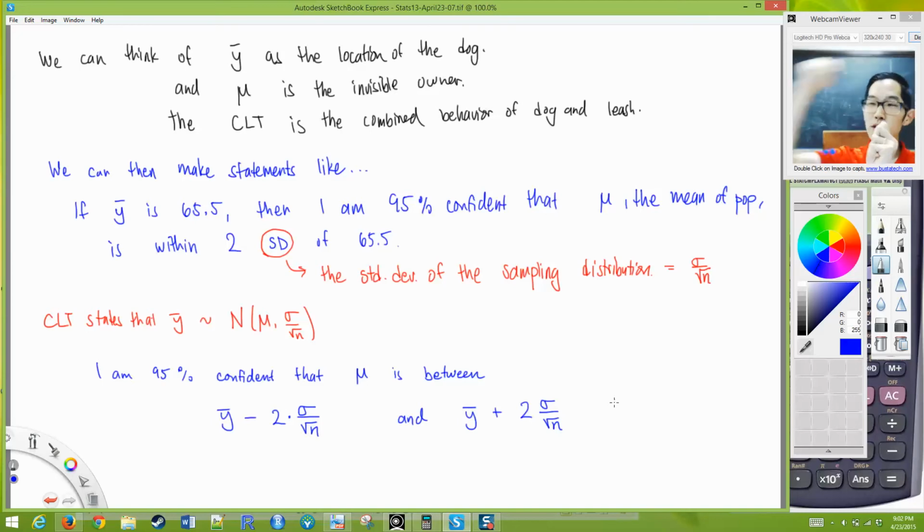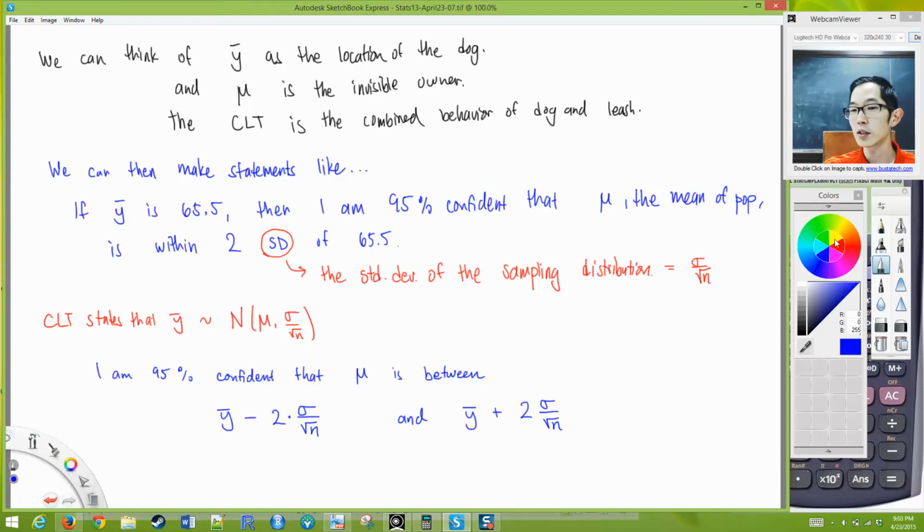Sometimes we get something far away, but because it's coming from a normal distribution, around 95% of the time it's not going to be more than 2 standard deviations away from mu, the standard deviation being sigma over the square root of n. So if I see y bar over here, then mu should not be more than 2 standard deviations away from y bar, even though I don't know where mu is. That's how I'm getting statements like this: I'm 95% confident that mu is between y bar minus 2 standard deviations and y bar plus 2 standard deviations.